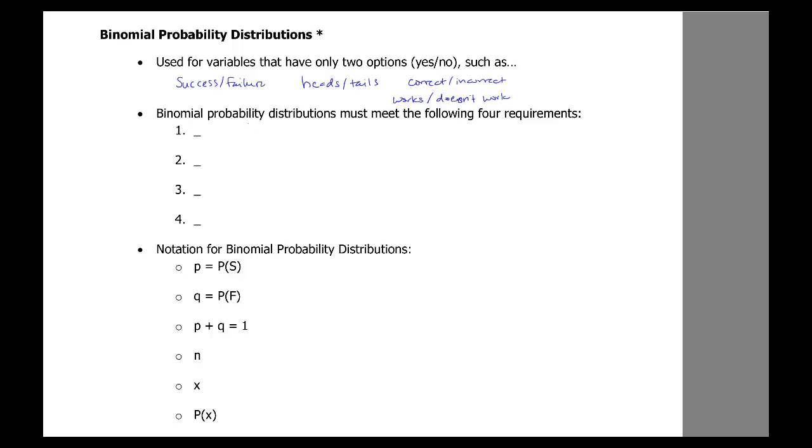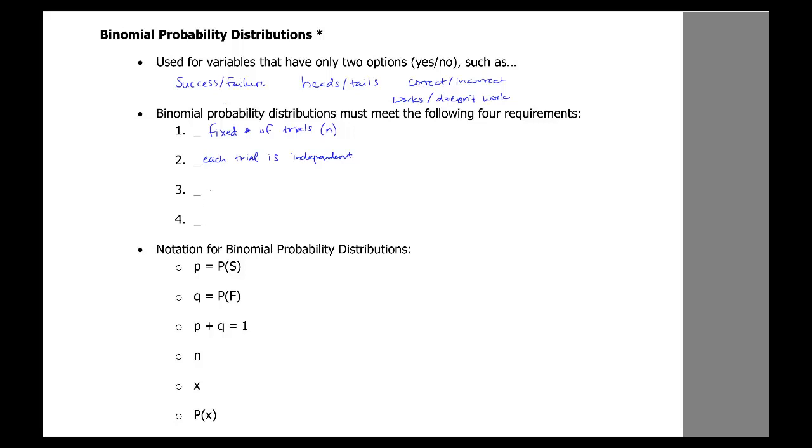So we have to have 4 requirements to use a binomial probability distribution. We have to have a fixed number of trials, which is n. Each trial has to be independent, which means any previous trial will not affect the outcome of any future trial.